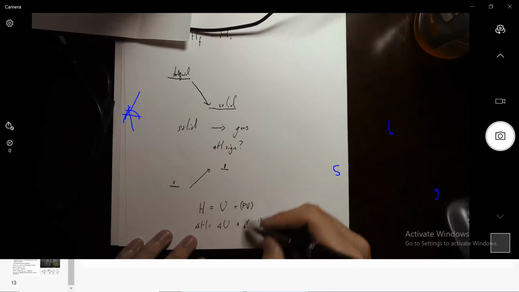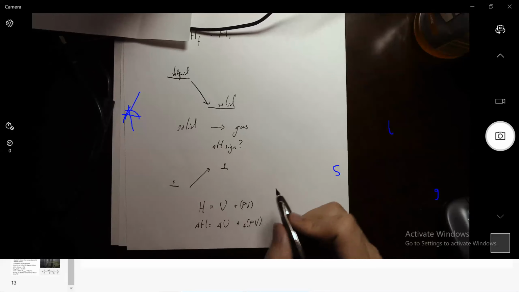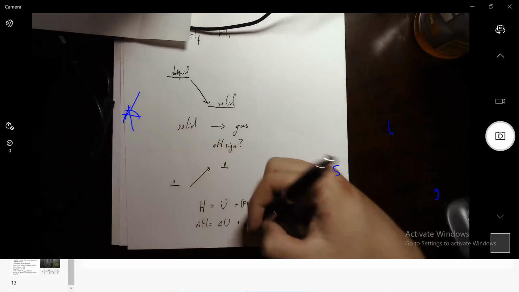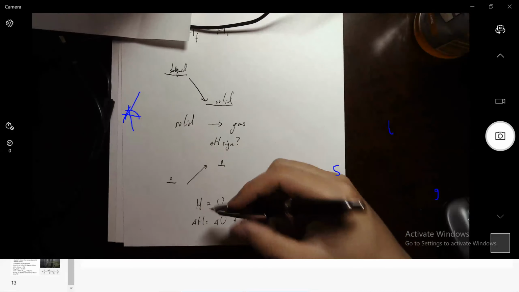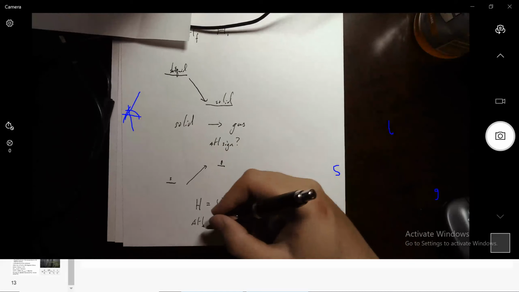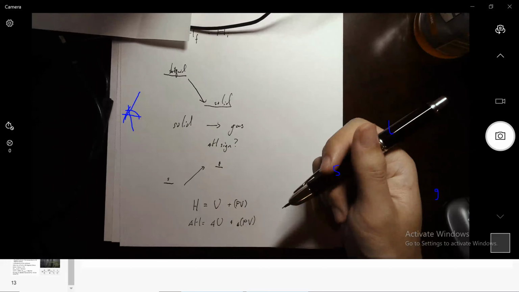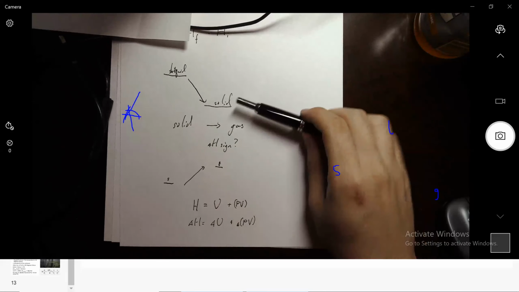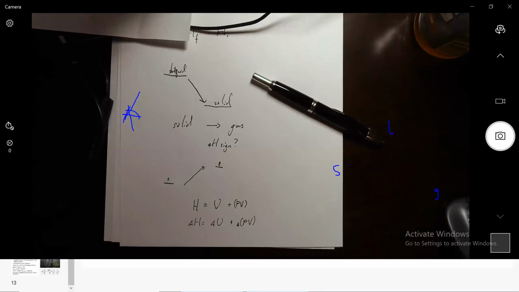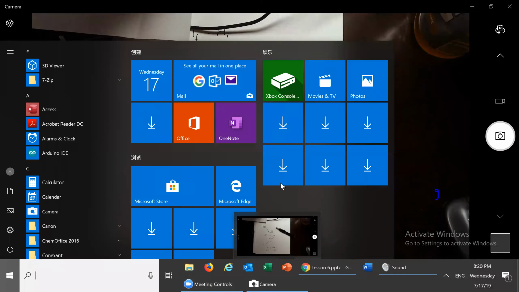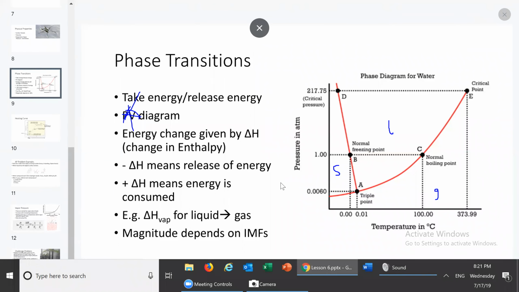This pressure times volume term is usually pretty small, so we can just ignore it. So this is why when I say we have an increase in energy, we have an increase in enthalpy. We might learn more about that when we do thermodynamics, so you don't need to worry about that for now. For now, just remember, if we have an increase in enthalpy, it's an increase in energy.